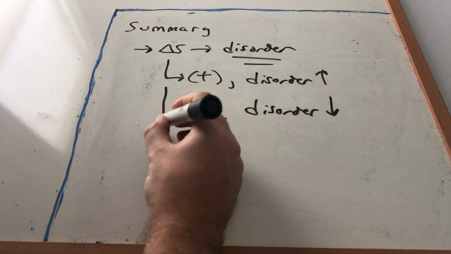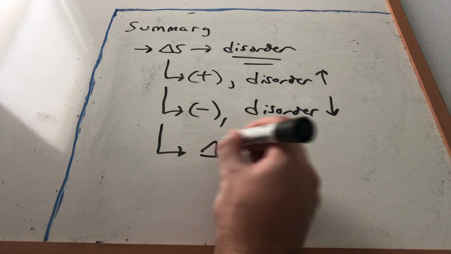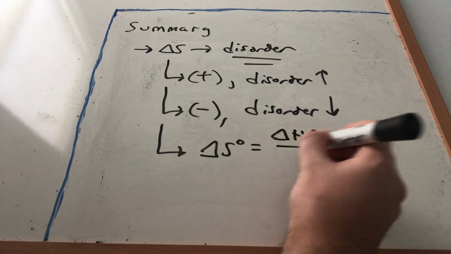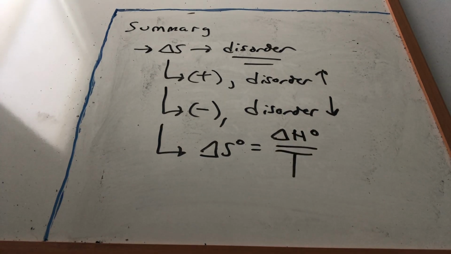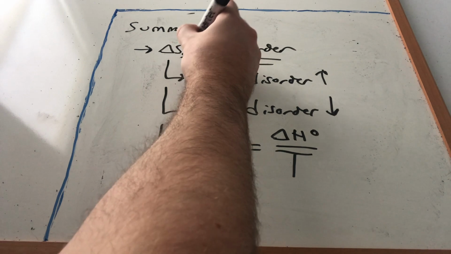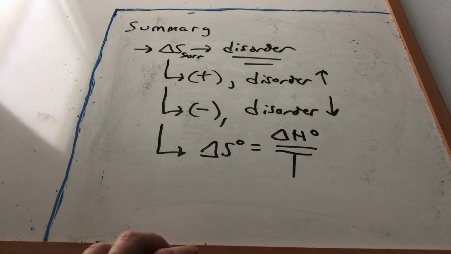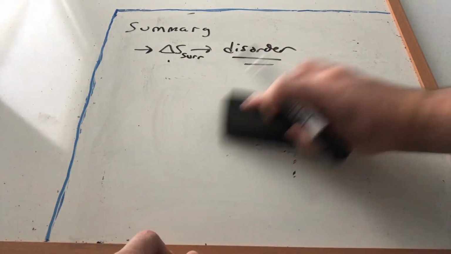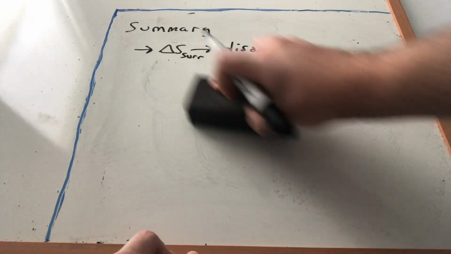We can calculate delta S. We often do it under standard conditions by knowing delta H over T. Delta S also exists for the surroundings. And we usually don't talk about this in terms of a positive or a negative and what it means to the surroundings, because the surroundings are just so large.